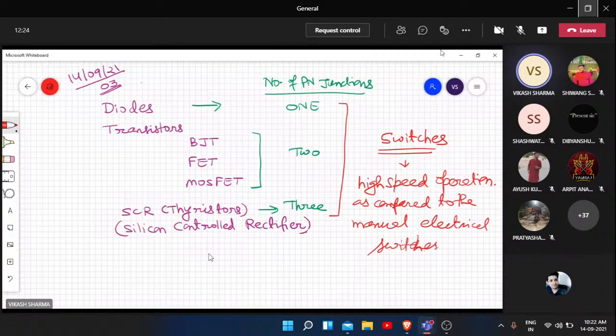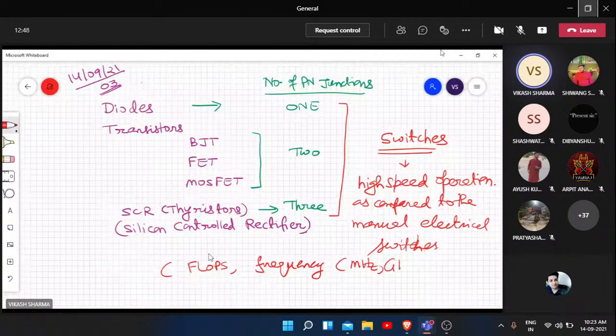And we calculate this speed of operation. We can use either the word FLOPS, I hope you are familiar with FLOPS, or the frequency, that is megahertz or gigahertz or terahertz, like that.